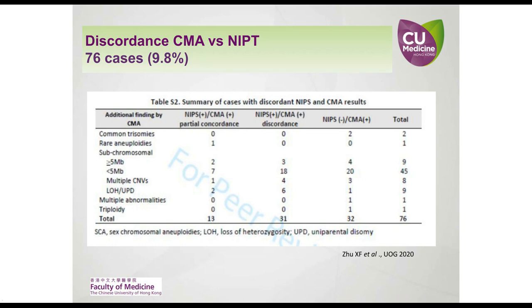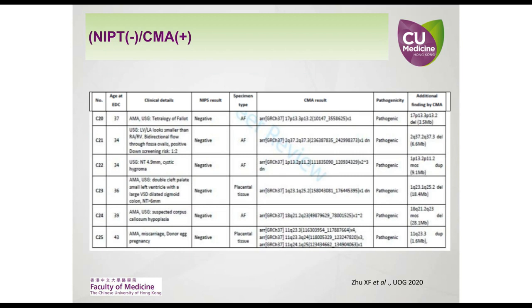One of the main reasons to explain this discordance is that, when we do the CMA, this pathogenic finding, apologies if the font size is too small for you, you can see that most of them are small pathogenic copy number variants, as small as 1.6 megabase and 3.5 megabase. This is one of the typical reasons why NIPT missed them: the sensitivity of these sequencing platforms was not able to go down to such high resolution.